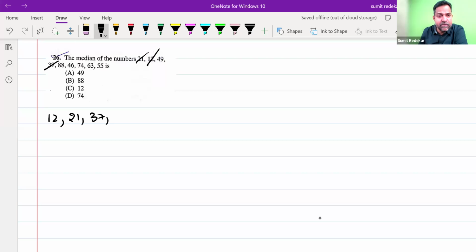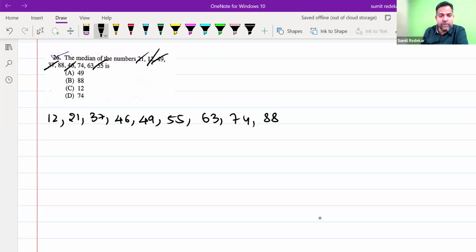After that is a 46. And after that is a 49. After that is a 55. After that is a 63, a 74, and a 77. And an 88.